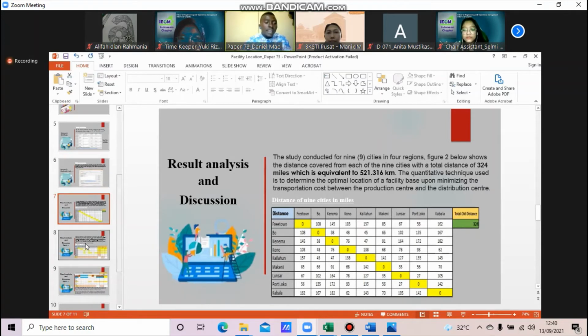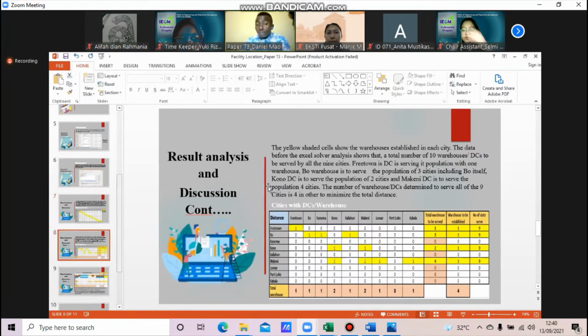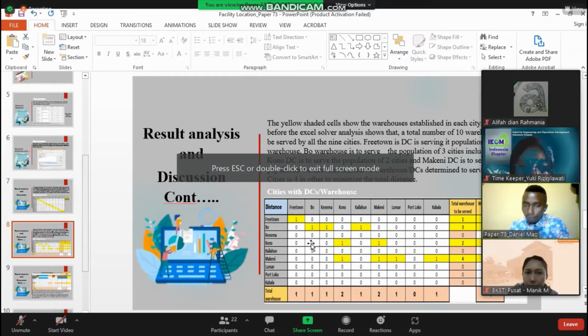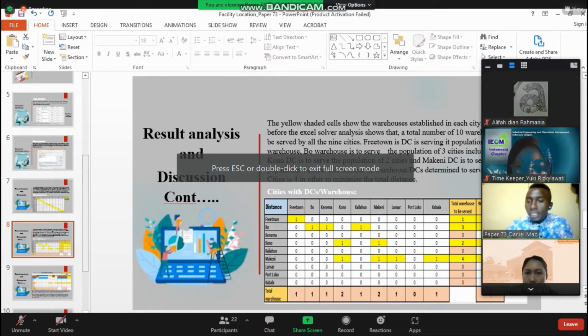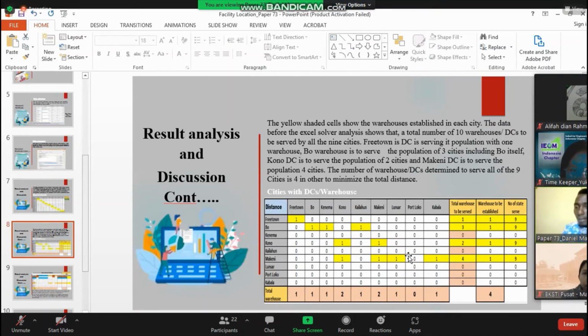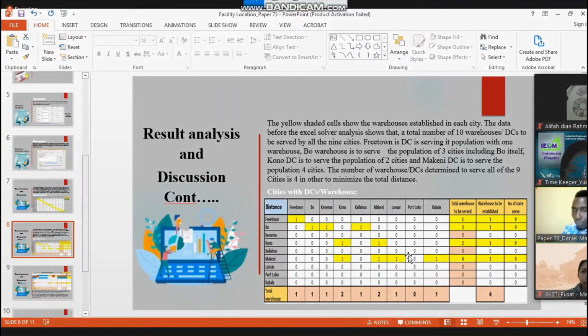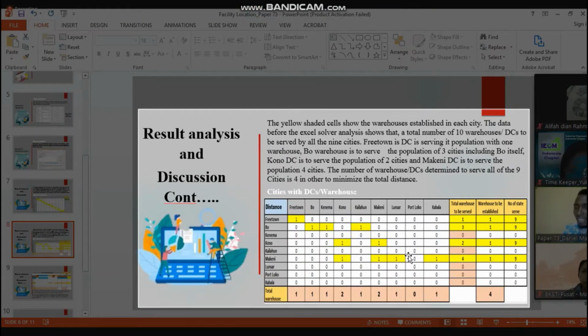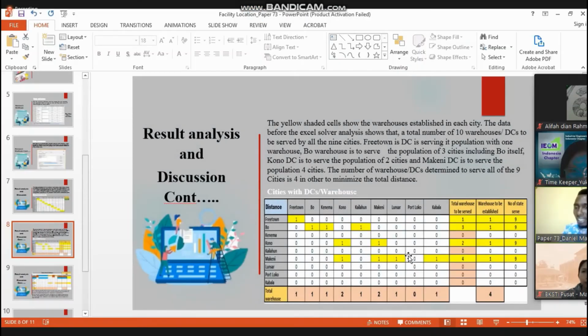Moving on to the result analysis stage, having employed the Excel Solver, we find that the yellow shaded cells show the warehouse established in each city. The data before the Solver analysis shows a total of 10 warehouses or distribution centers to be served by all 9 cities.